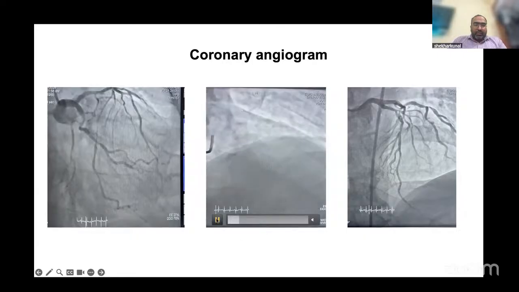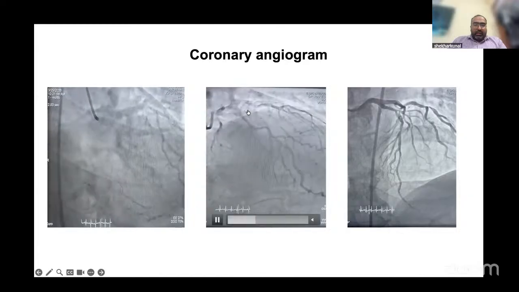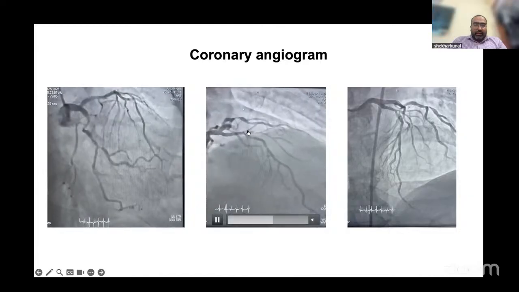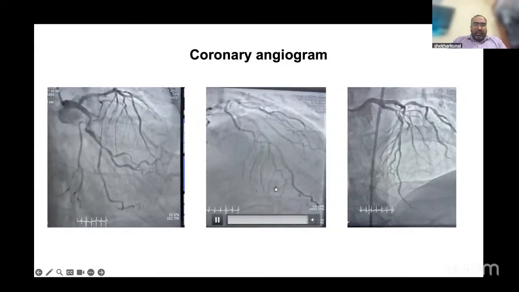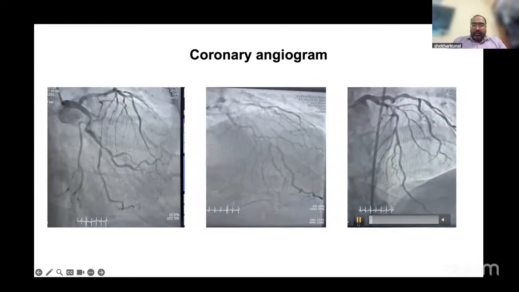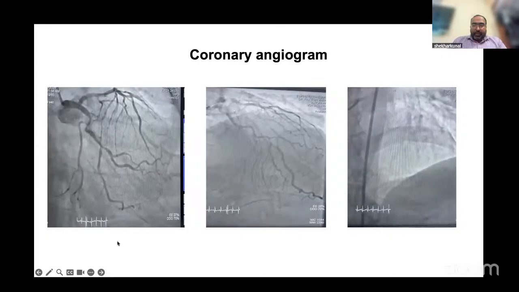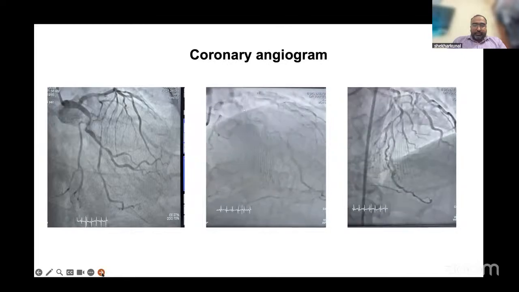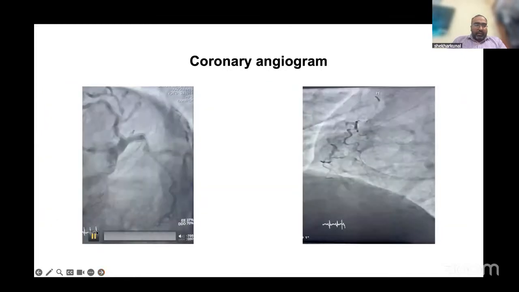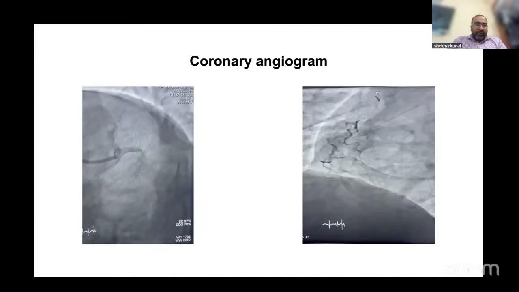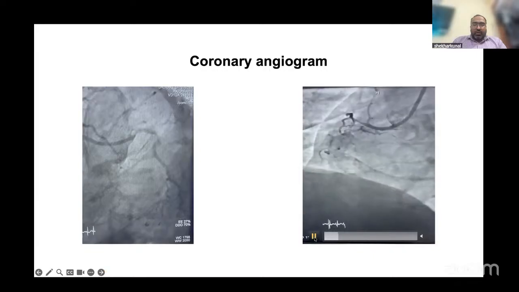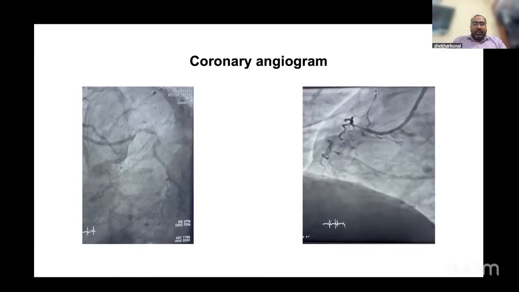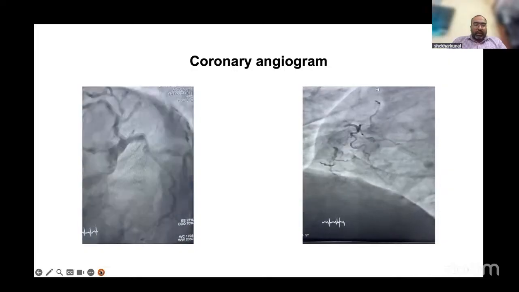On a cranial view, in the mid LAD there is some amount of ISR with a very tight segment, and just distal to the stent we have some degree of calcium, with retrograde filling of the RCA. In the caudal view, there is some ISR in the LAD, a diseased diagonal, and a totally occluded RCA. The RCA was a non-viable territory, so we decided to first go to the LAD.